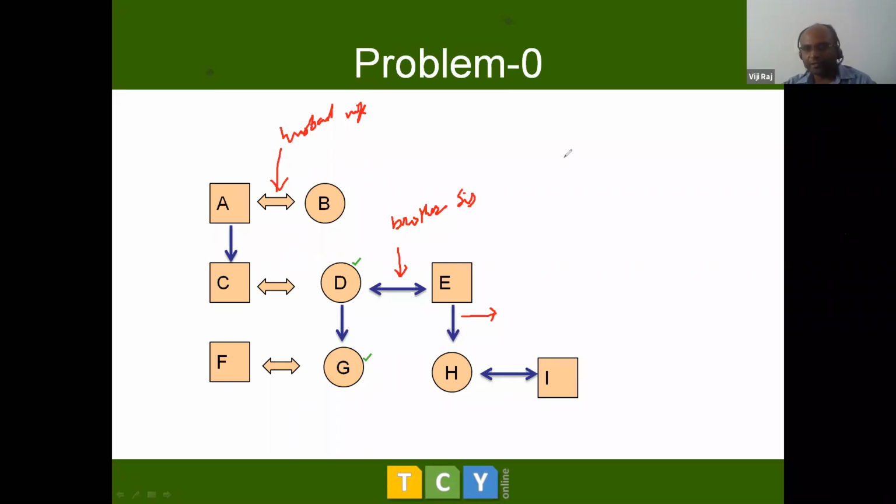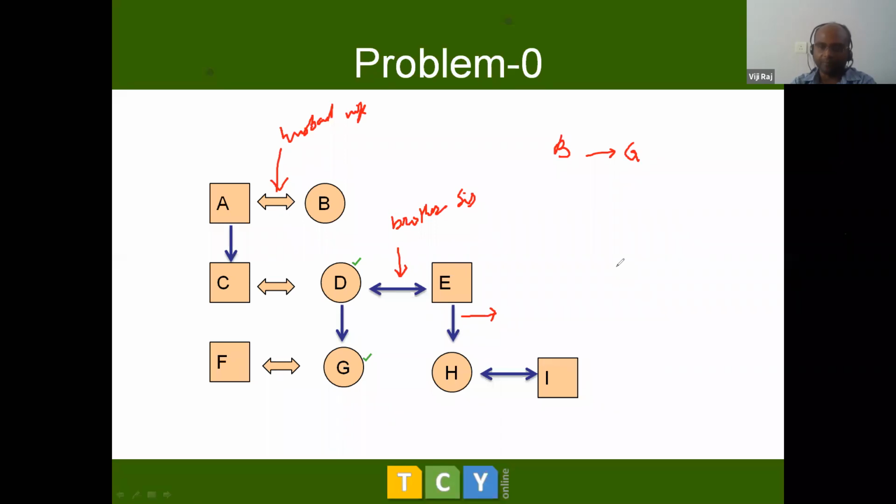How is B related to G? B to G. Very good.